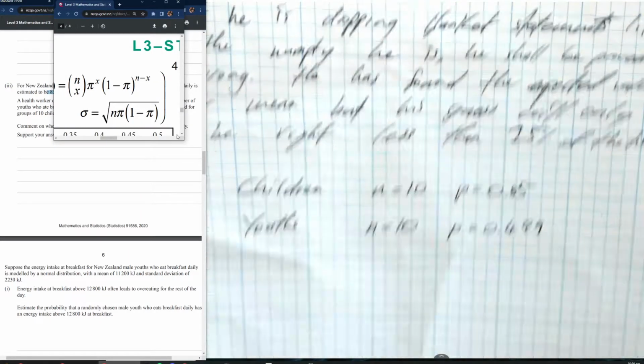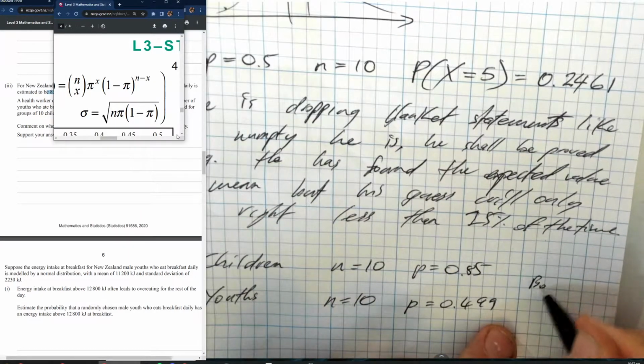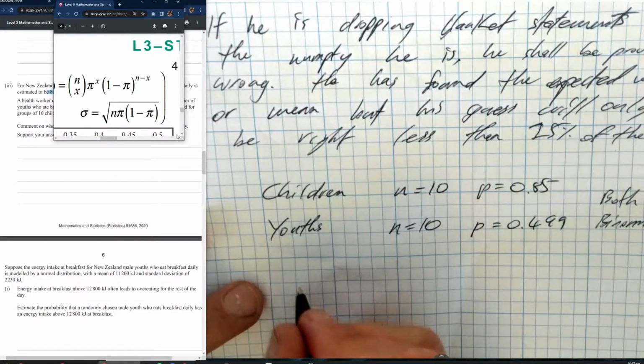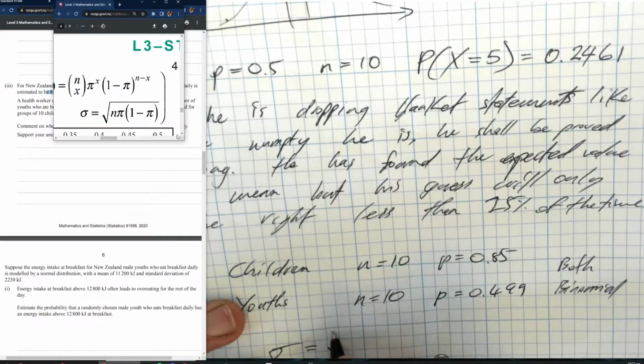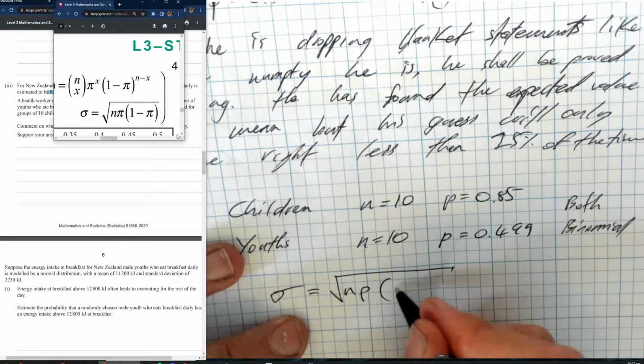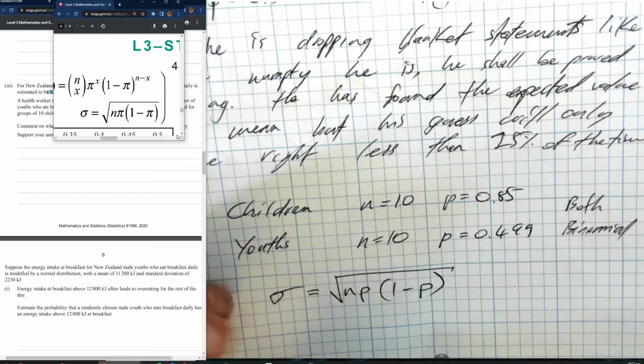Yeah. So if it's binomial, they're both binomial, we can actually straight up work out the variations, because we know that sigma equals the square root of n times the probability, I don't like the use of pi, 1 minus p.